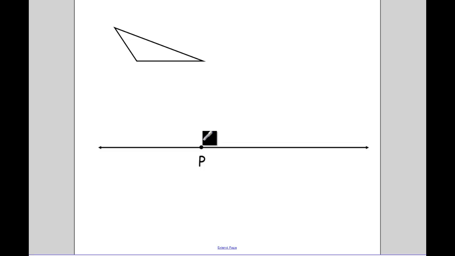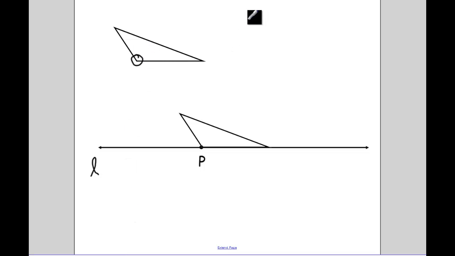So I have point P. I have line L. I need to now look at how many triangles I can have so that one of my vertices is at P. One of the vertices is at P, another one is on the line, so how many triangles do I have? So let's just worry about putting this vertex at P.